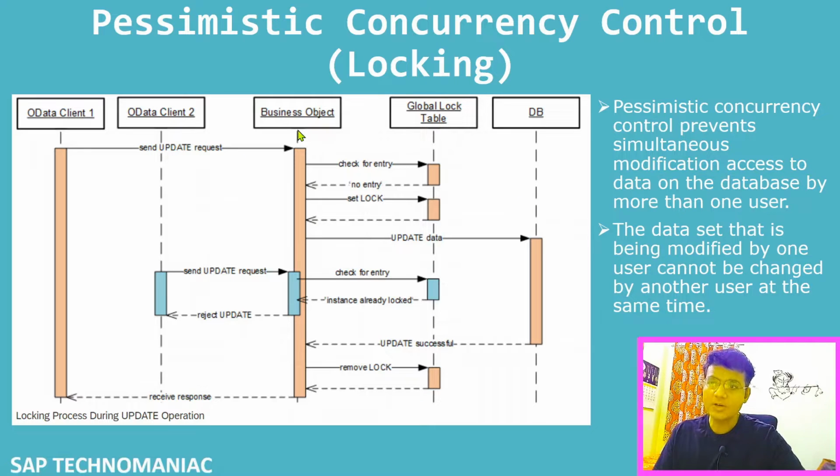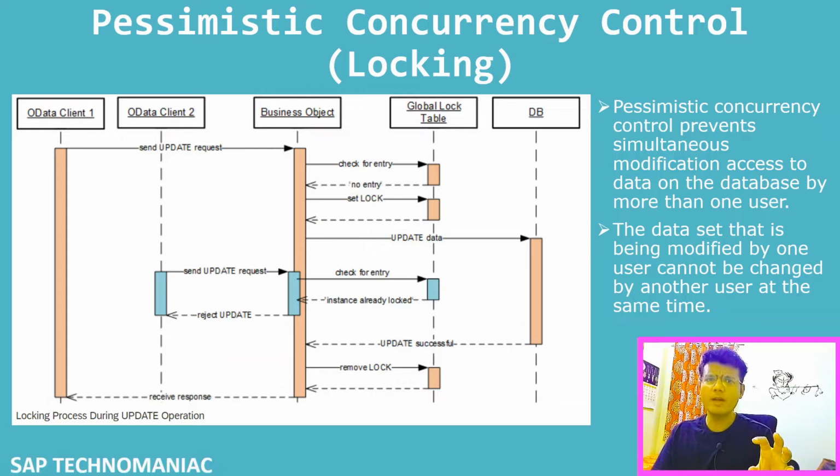So that business object will check the global lock table. If you are aware of the lock concept in ABAP, we have one central instance or central application server where we store all the lock entries in the lock table. In classical ABAP we can see those in SM12, to see what all got locked.